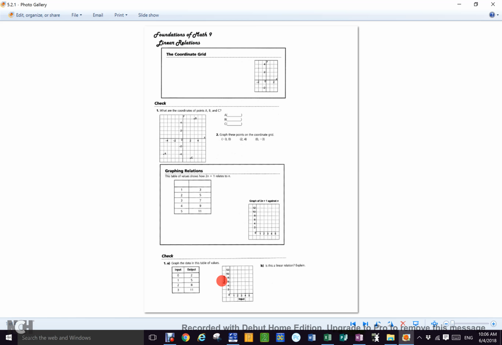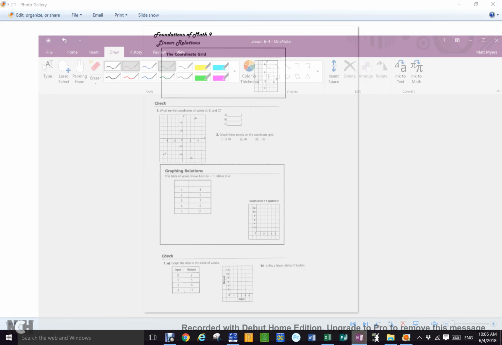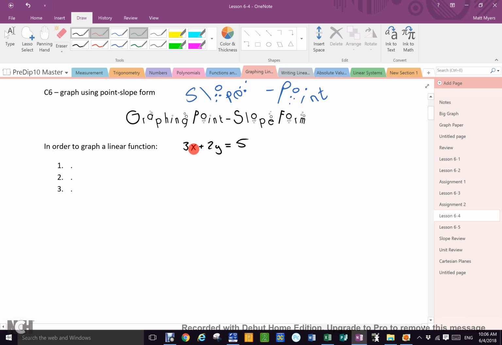Because I gave these notes to Mr. Hirschman. I taught pre-dip 9, and Mr. Hirschman taught pre-dip 9, which means every single person in this room that did pre-dip 9 in this class knows how to do that. Forgetting is different than not knowing.